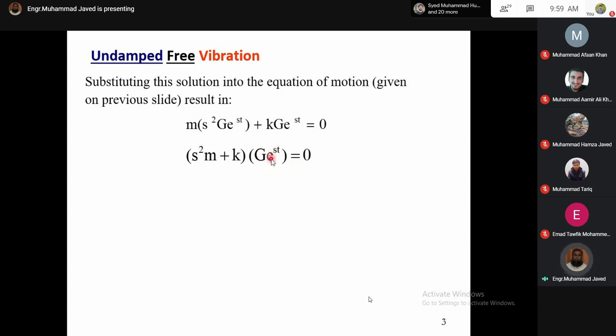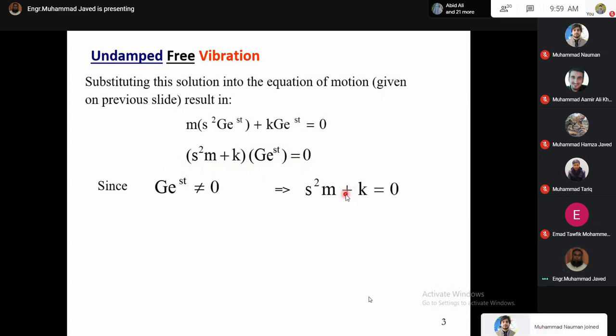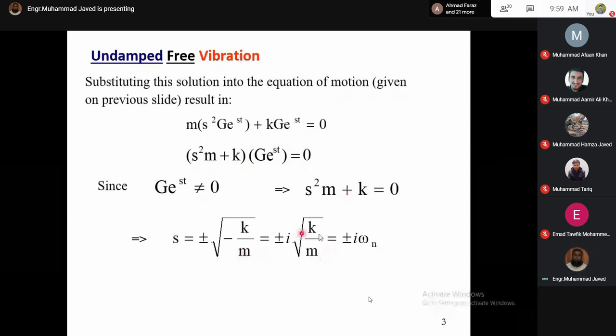This term cannot be 0 because whatever the value of t and s is, e की कोई भी पावर आप ले लें उससे आंसर 0 नहीं आता। The only possibility is that the first one is 0. And this is the quadratic equation. You can solve this. You will have two roots. The square root of k over m is known as natural circular frequency, and it is represented by omega n.